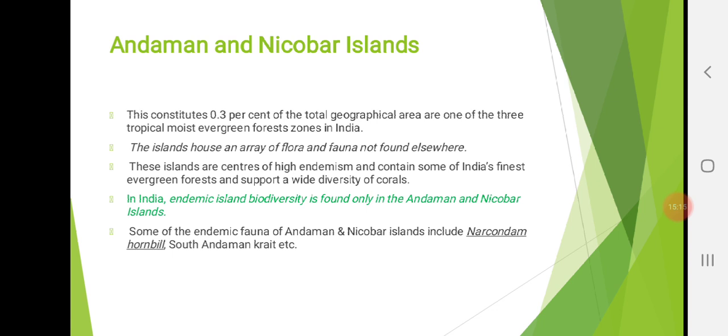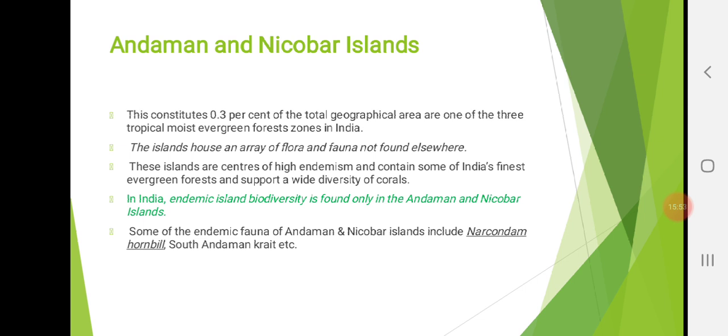Then the next region is Andaman and Nicobar Islands. This constitutes 0.3% of the total geographical area and is one of the three tropical moist evergreen forest zones in India. The islands house an array of flora and fauna not found elsewhere. These islands are centers of high endemism and contain some of India's finest evergreen forest and support a wide diversity of corals.